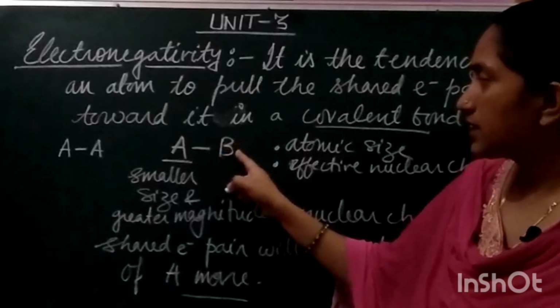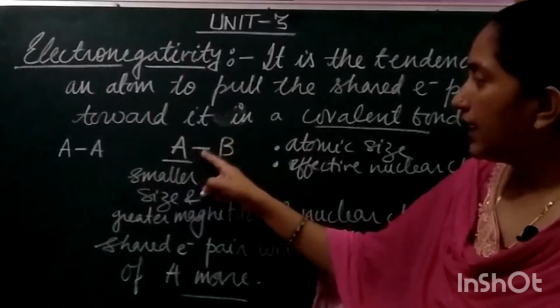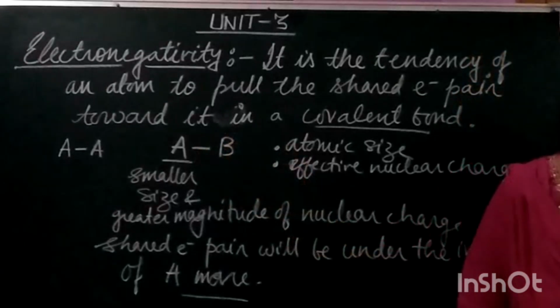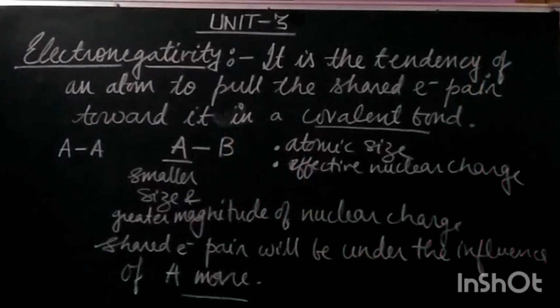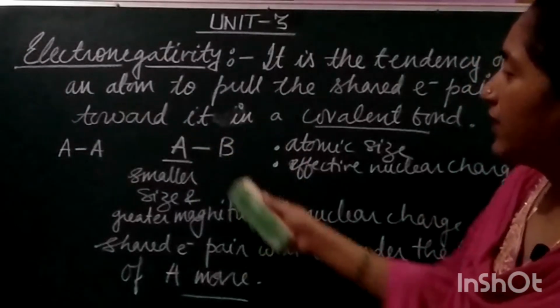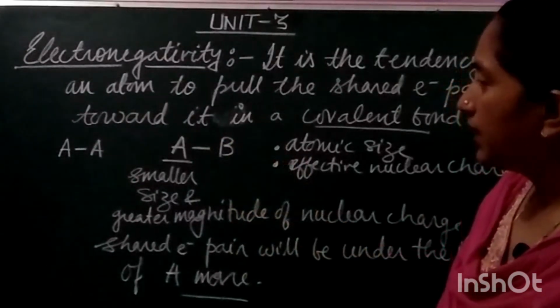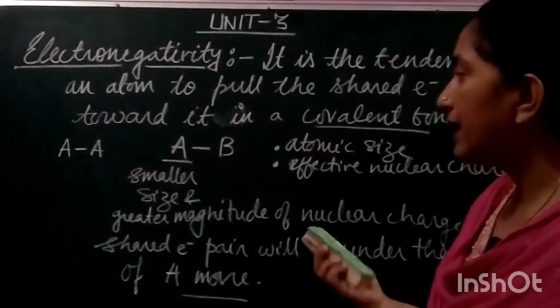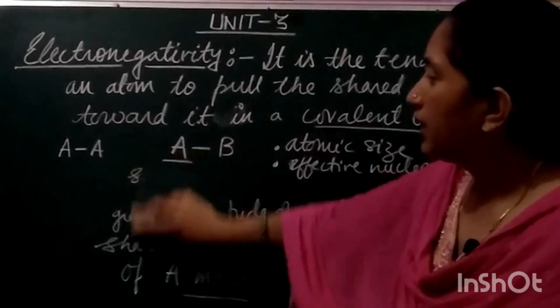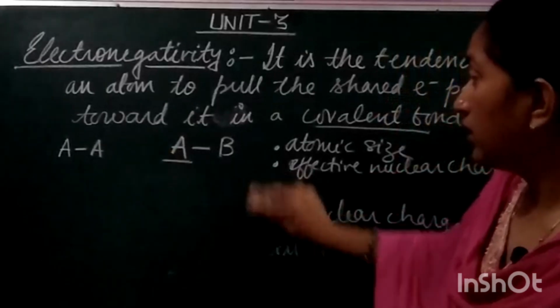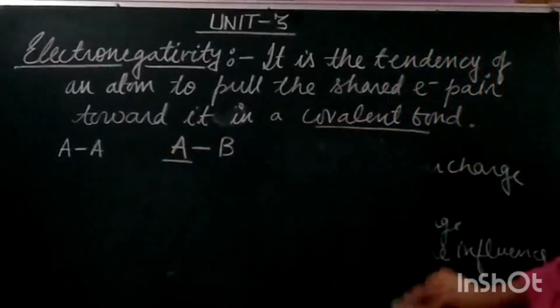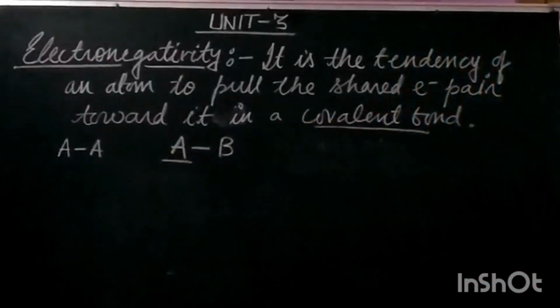So we will just discuss an example of it, that A and B. Now here, if A is having greater electronegativity than B, it will not be so that in any other compound it will also have the higher electronegativity, right?